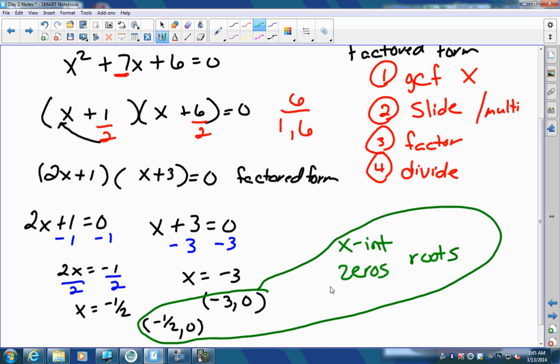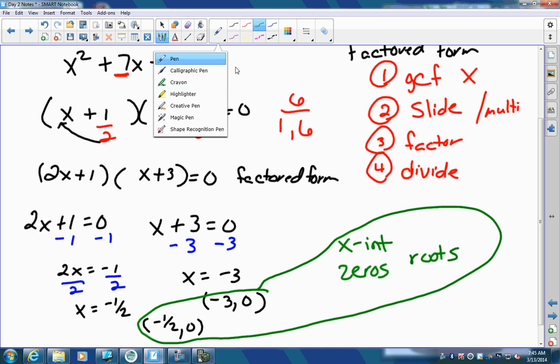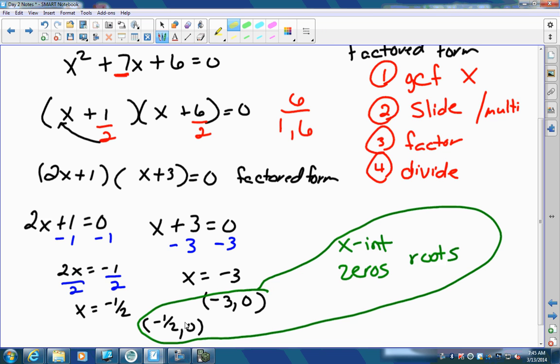Now let me ask you a question. What do you notice about this root and this factor? Are they the same numbers? Kind of, but one is positive, and the root is the opposite. It's negative, right? What about this?